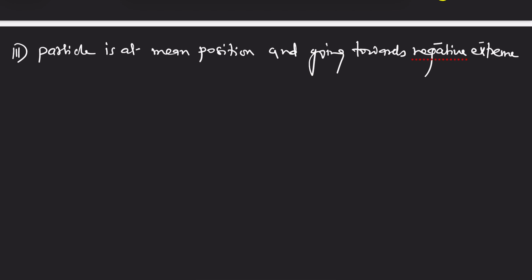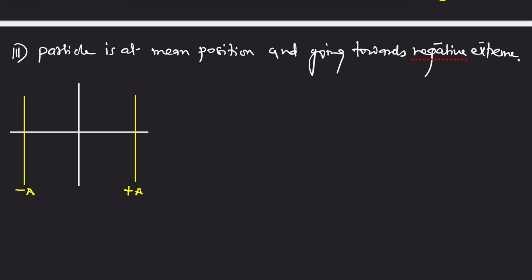Okay, negative extreme. So in that case what we can say guys, if I make the phasor, it would be simply like, say this is the positive extreme, this is the negative extreme. Okay, and this is your plus a and this is your minus a.